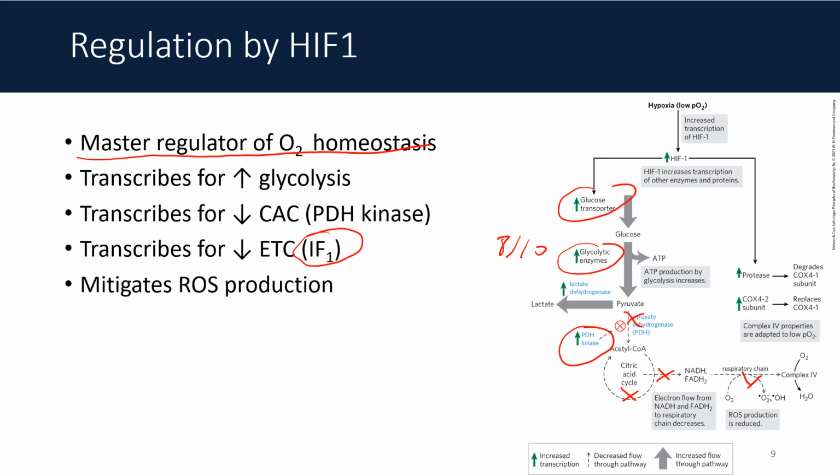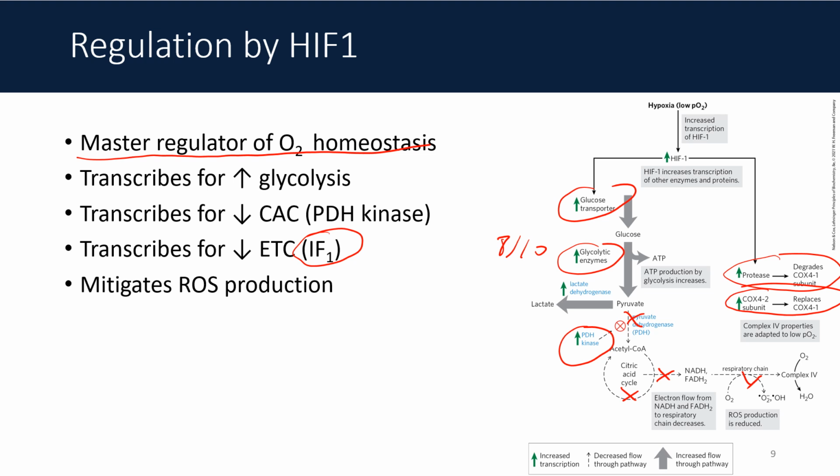Hypoxia-inducible factor 1 is also going to encode for a protease that will specifically degrade a subunit in complex 4, and we're going to replace it with a more oxygen efficient subunit that's ultimately not going to be as ATP efficient, but it's going to reduce the demand for oxygen and thus protect us a little bit from this reactive oxygen species generation.